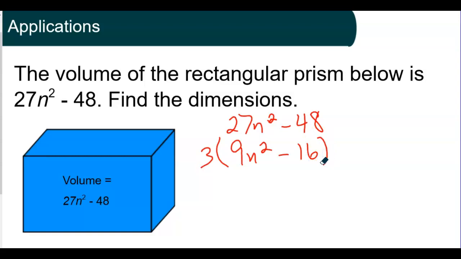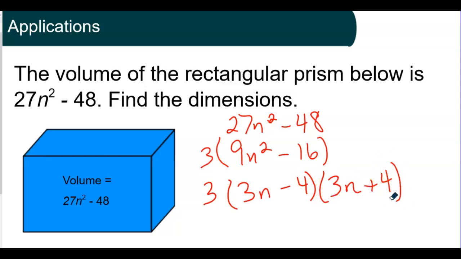And then do you notice that that's the difference of perfect squares? So it's going to be 3 times 3n minus 4, and then 3n plus 4. So these are the dimensions of my rectangular prism. 3, and then on the other side is 3n minus 4, and the third side is 3n plus 4.